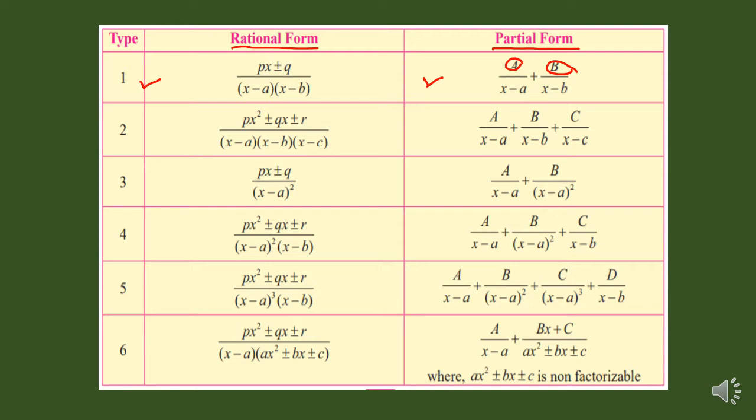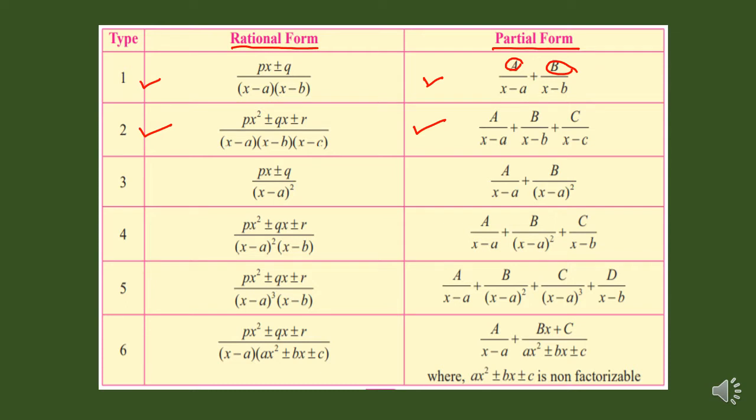Then, secondly, suppose the question is px square plus or minus qx plus or minus r upon (x minus a)(x minus b)(x minus c). Then we convert it into this partial form: A upon x minus a plus B upon x minus b plus C upon x minus c.